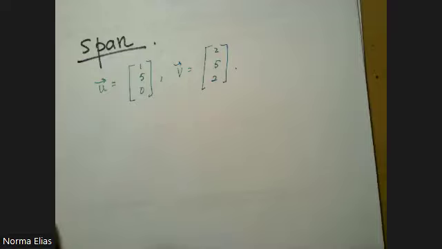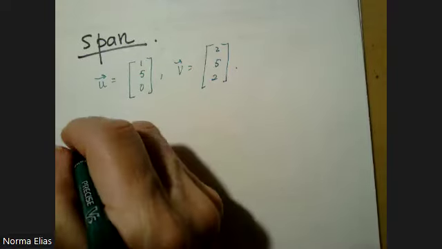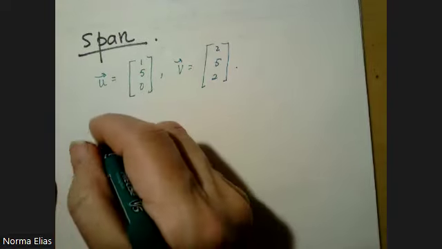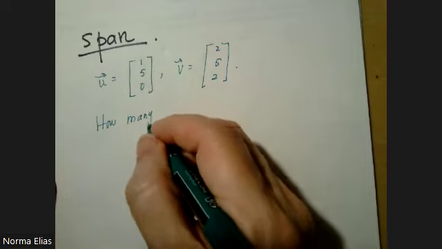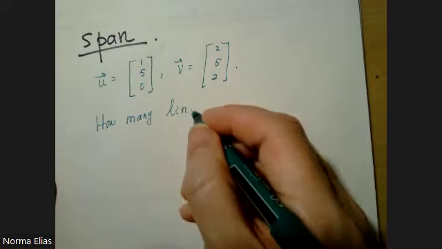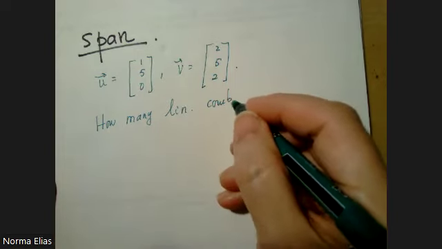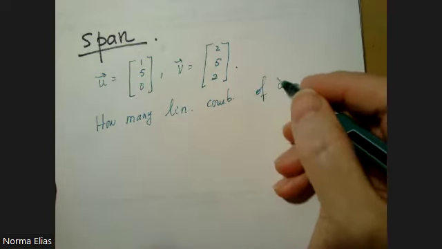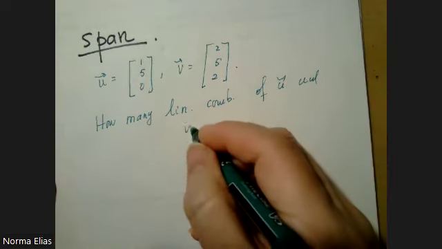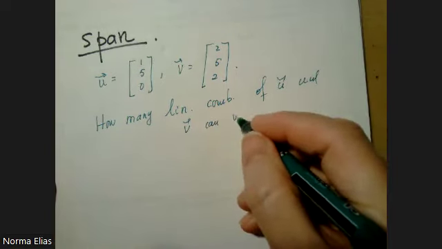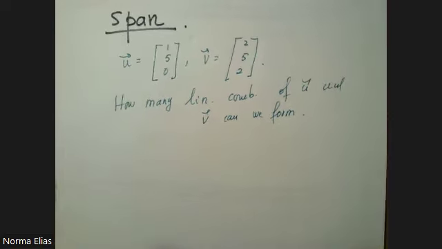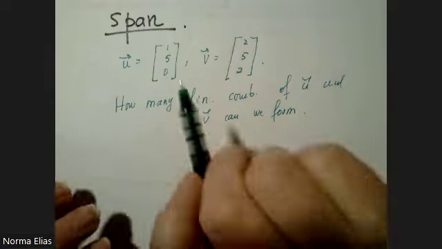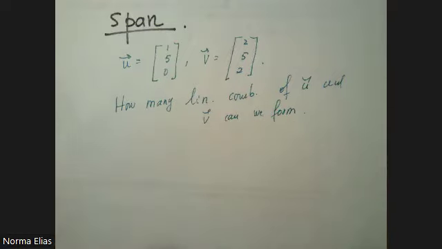The question is, how many linear combinations of U and V can we form? It means how many vectors can we get by scaling U and scaling V and adding them?